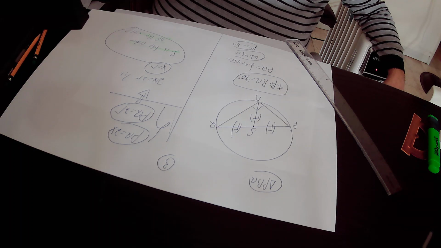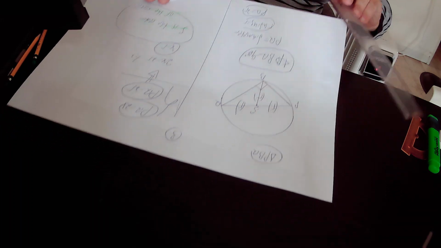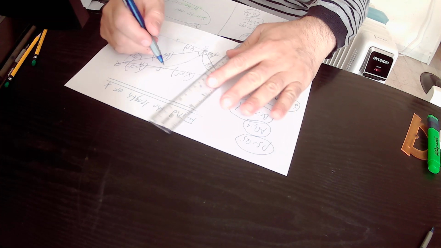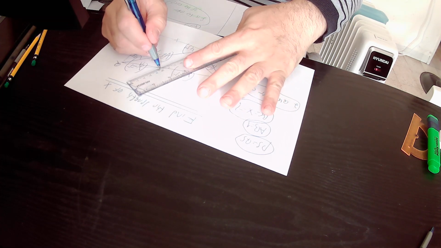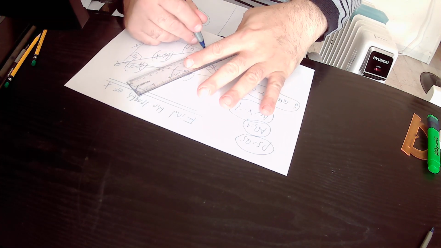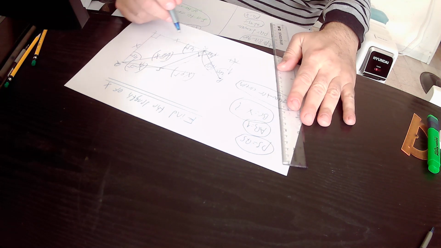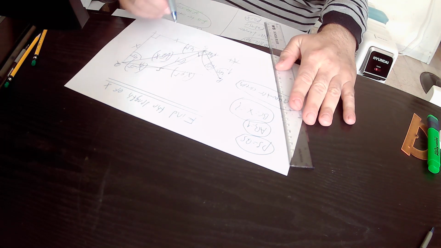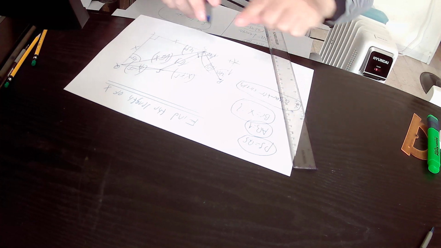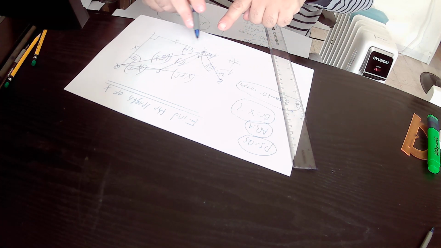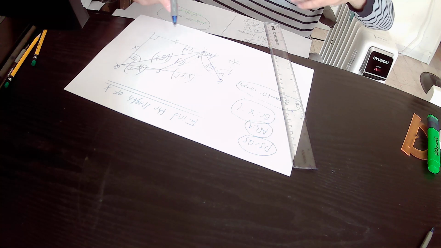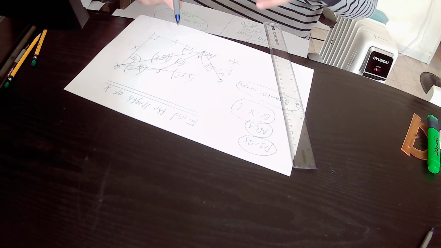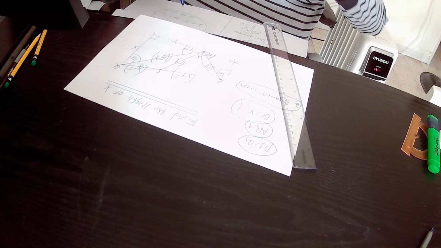So here we join points S and B together by a straight line.